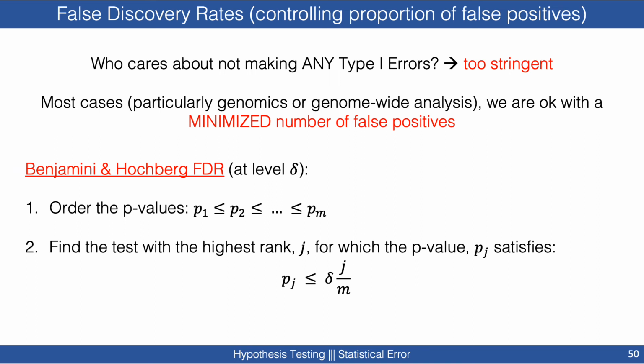So if you want to control and keep that fraction of false positives tight at, say, delta for your false discovery rate, then you want your p-values to be not less than just the fraction of observations, but delta times the fraction of observations. That will ensure that you only have delta false discoveries at that p-value. And that is what Benjamini and Hochberg proposed.